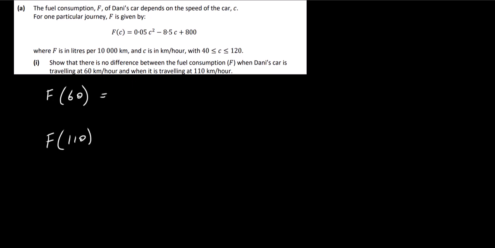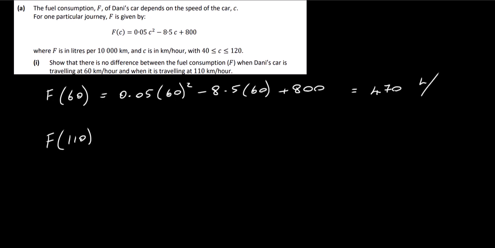So we're going to do 0.05 times 60 squared minus 8.5 times 60 plus 800. When you do that, you get 470. And this is the fuel consumption. So this is litres per 10,000 kilometers.